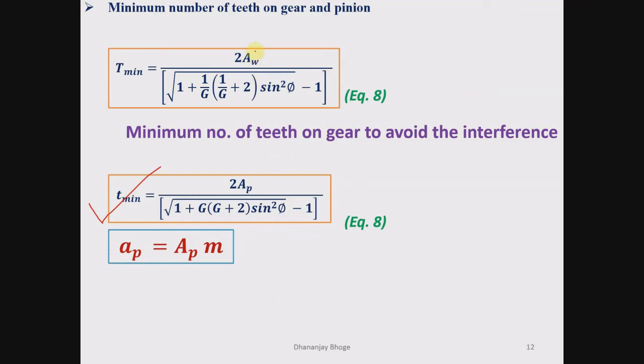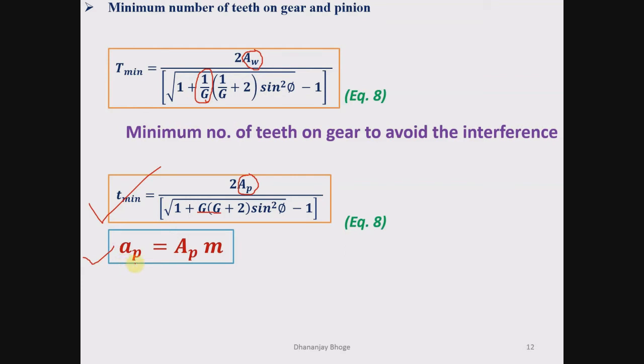We have to only replace addendum coefficient of wheel by addendum coefficient of pinion in the numerator, and inverse of gear ratio by G.